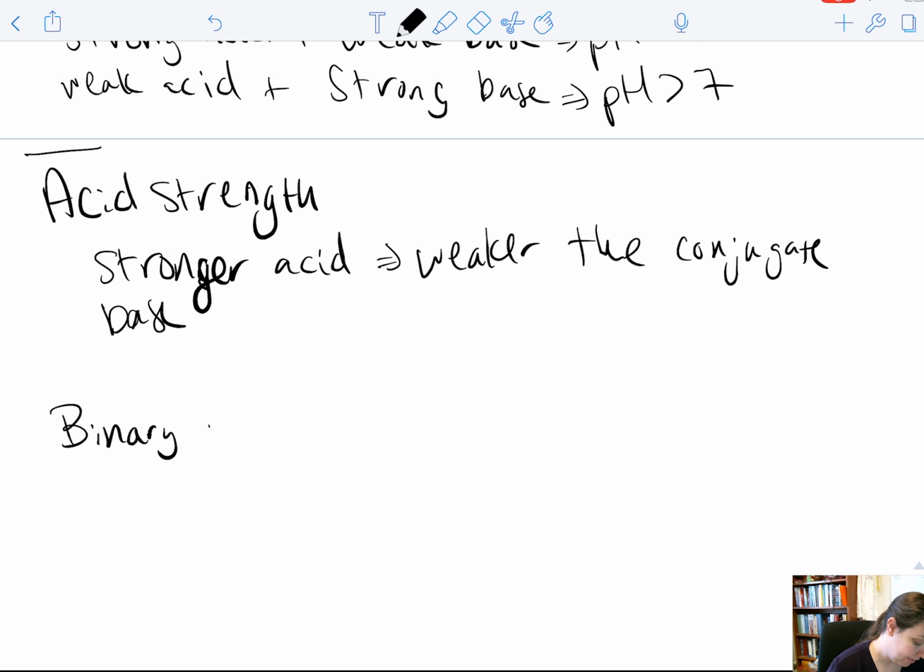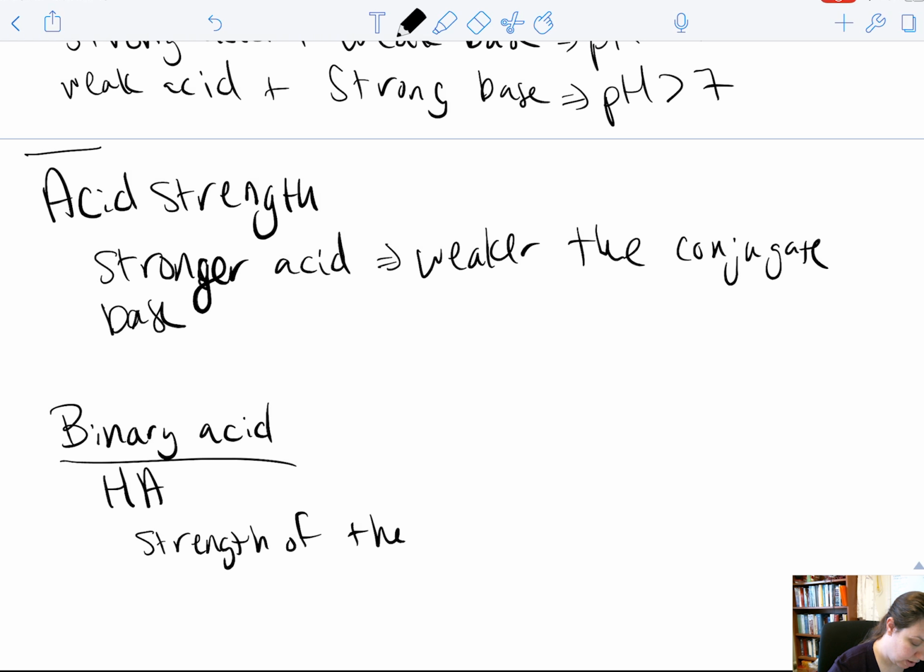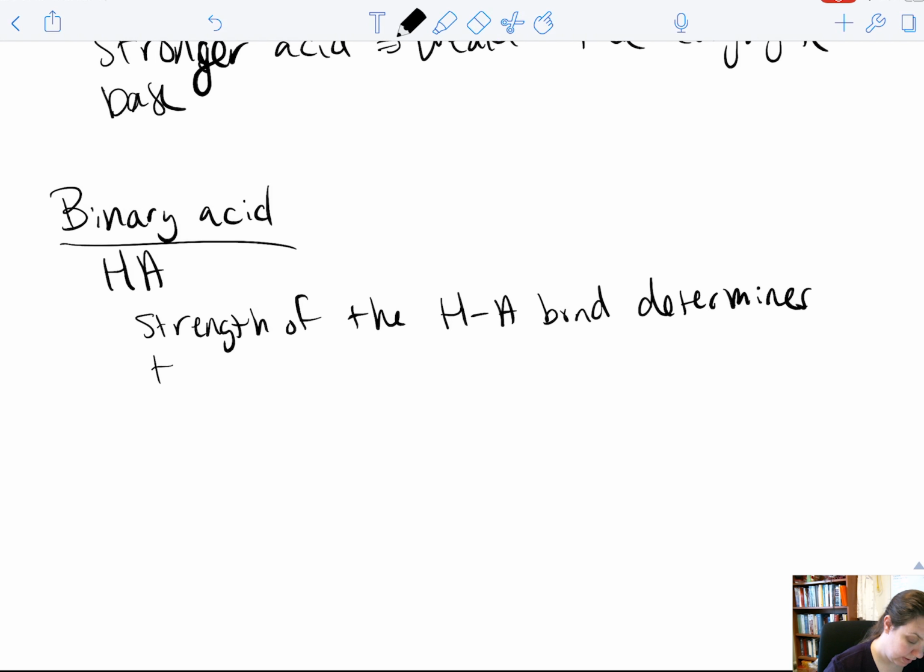We look at binary acids. So a binary acid is going to be the HA. So when we're looking at it, we're looking at the strength of the HA bond determines the strength of the acid.